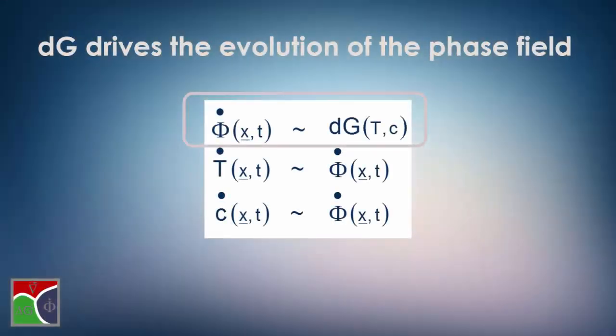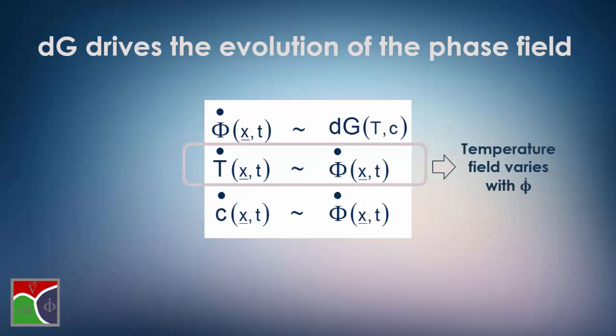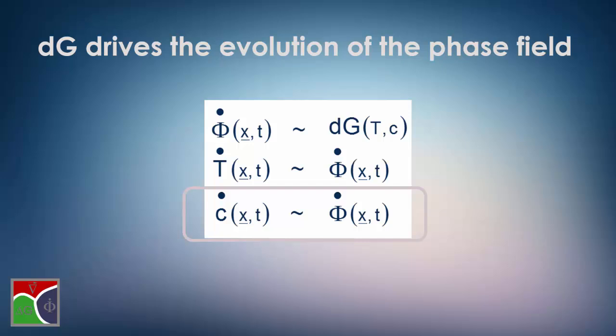So if there is a finite delta G, we will have a phi dot. And if there is a phi dot, then there is release of latent heat, which will influence the thermal field. And if there is a phi dot, we will have release and segregation of solute, which will influence the solutal field.